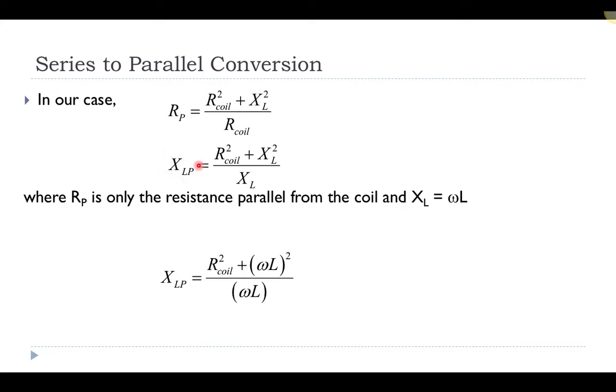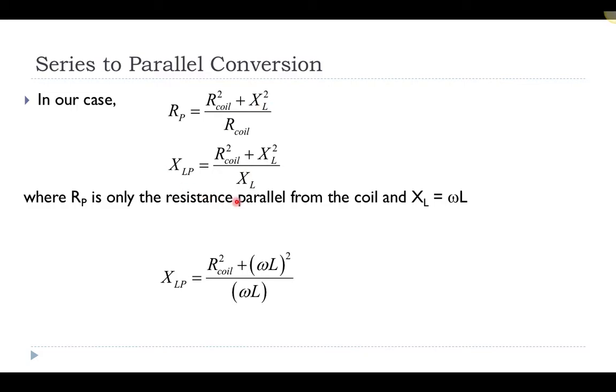And the equivalent reactance of that inductor depends on the same quantity at the top, but over the reactance of the inductor. R_P is only the resistance that's parallel from the coil, and X here is the inductive reactance, which depends on the angular frequency times the inductance.